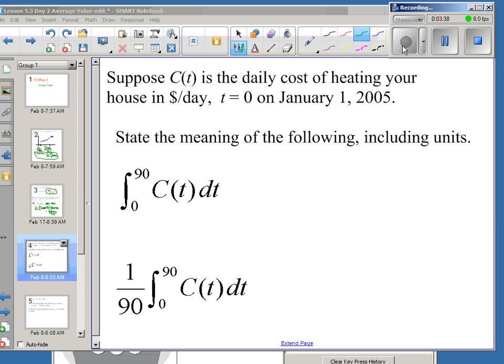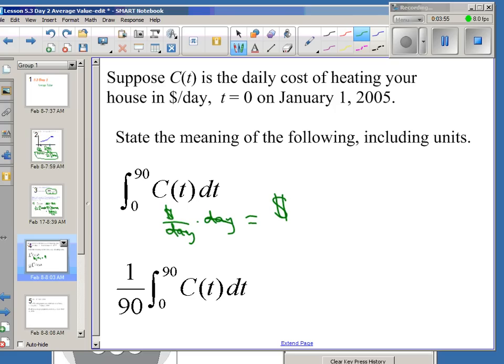So C of t, our units are dollars per day, and we can think of dt as being the same thing as days, so kind of like our change in t's there. What ends up happening then is our days cancel out, and our final answer is going to be just in terms of dollars.